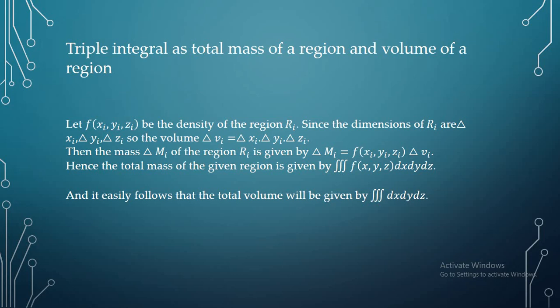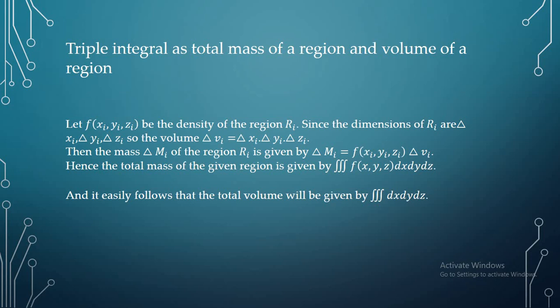Now if f of (xi, yi, zi) represents the density, then since delta vi is the volume, the mass delta mi of this region Ri will be given by density f of (xi, yi, zi) into the volume. This is the mass of this region Ri.